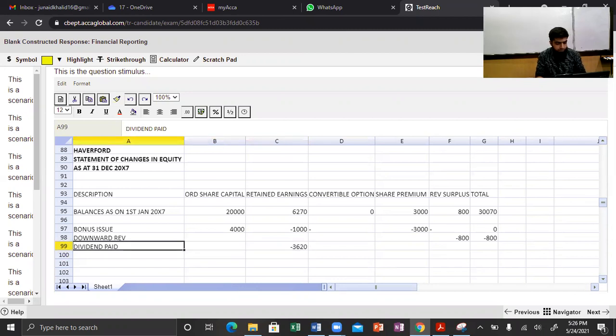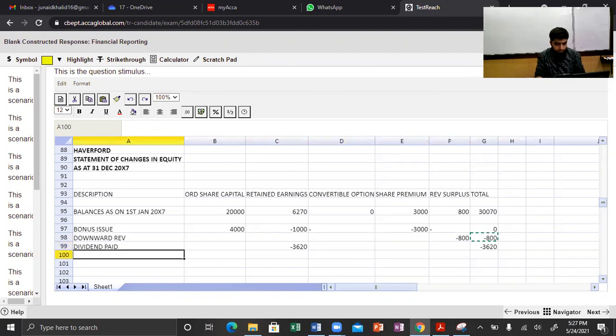Is any adjustment required in any other account balances or column? No, the entry for the dividend is retained earnings debit and cash or bank credit. So no adjustment is required in the capital account, the convertible option or the share premium. So let's total this row as well.